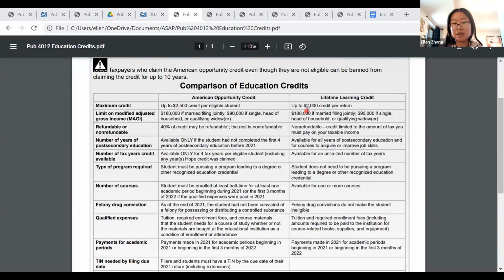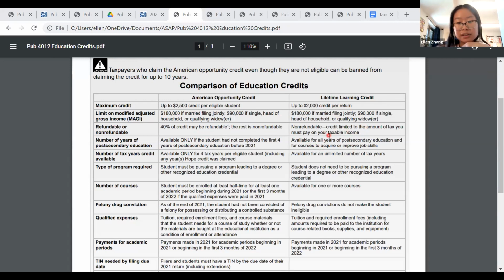You can only have up to $2,000 of credit per return, unlike the American Opportunity Credit, where you can get 2,500 credits per student instead of per return. The AGI limits on both are the same though, so they start phasing out at the same AGI. And the Lifetime Learning Credit is completely non-refundable, unlike the American Opportunity Credit, which is at least 40% refundable.